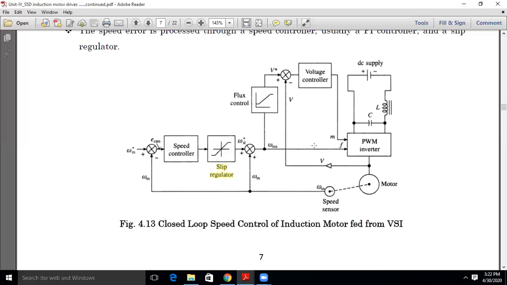If we have constant values of modulation index and frequency as inputs, then there will be no control at all. If you vary these two quantities, M and F, it will control both voltage and frequency.